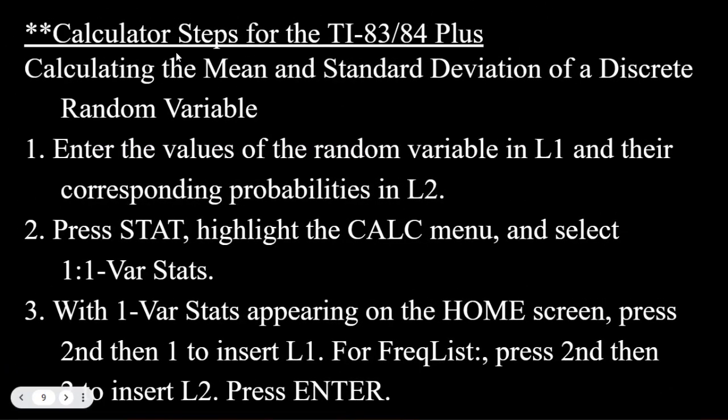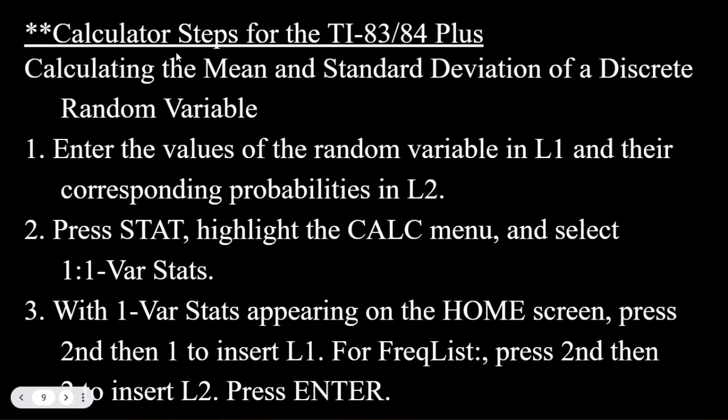So here are the steps for doing this on the calculator. To calculate the mean and the standard deviation of a discrete random variable, first we enter all the values of the random variable in L1, as we've done before, and their corresponding probabilities in L2. Then press the Stat key, go over with your right arrow to highlight the Calc menu, and select number 1, One-Variable Statistics.